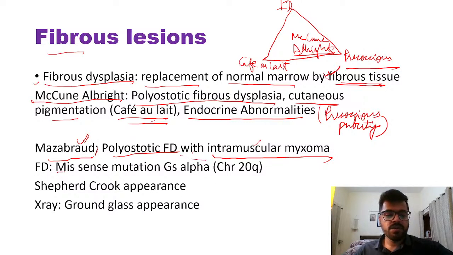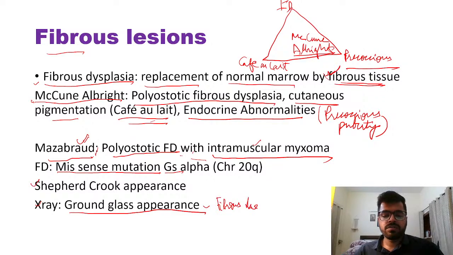Basically, there's a missense mutation of GS alpha, which leads to the replacement of normal marrow by fibrous tissue. On X-rays, we can see shepherd's crook appearance and ground glass appearance. Ground glass appearance is because of the fibrous tissue instead of the marrow.